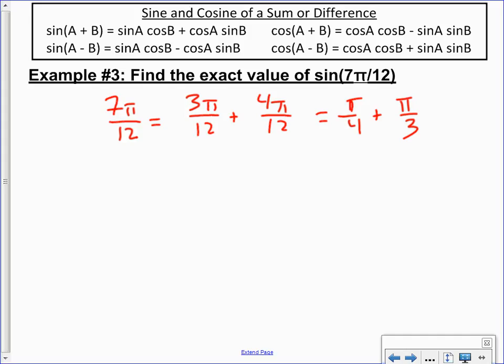So we're just looking for the sine of pi over 4 plus pi over 3.